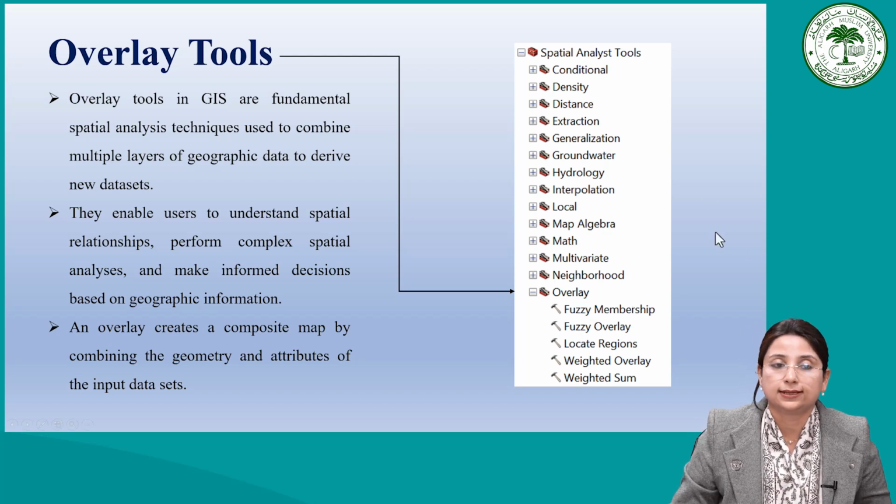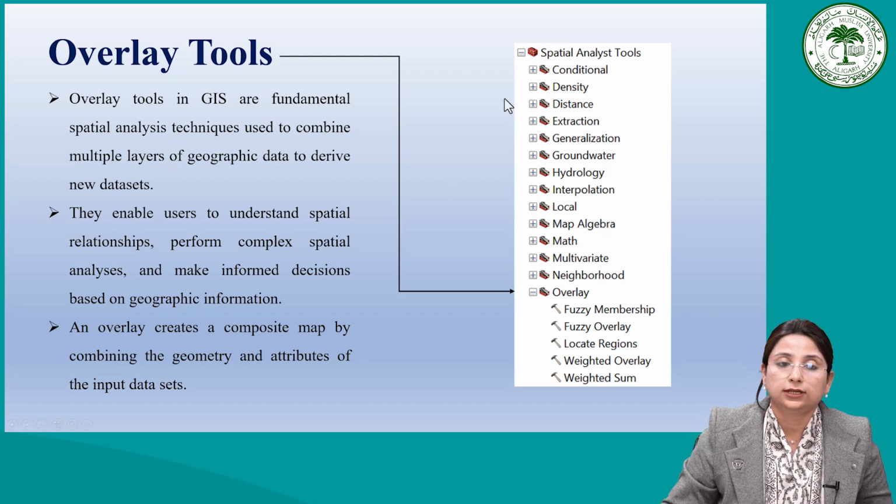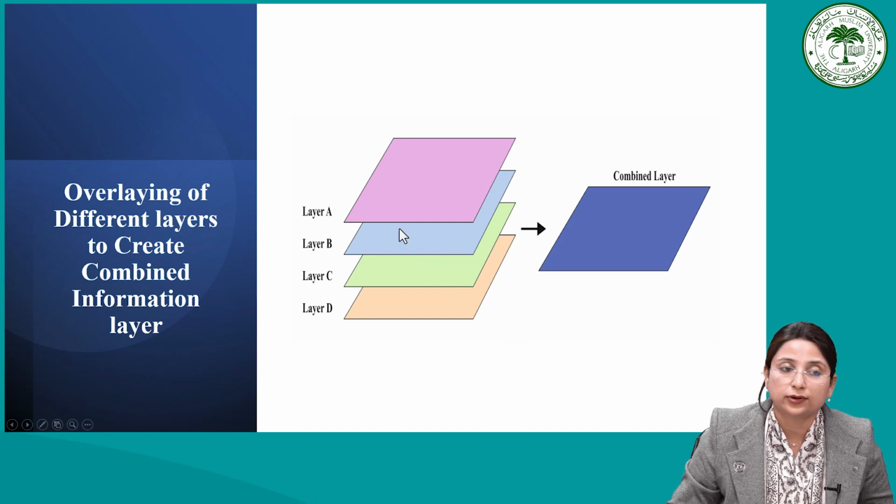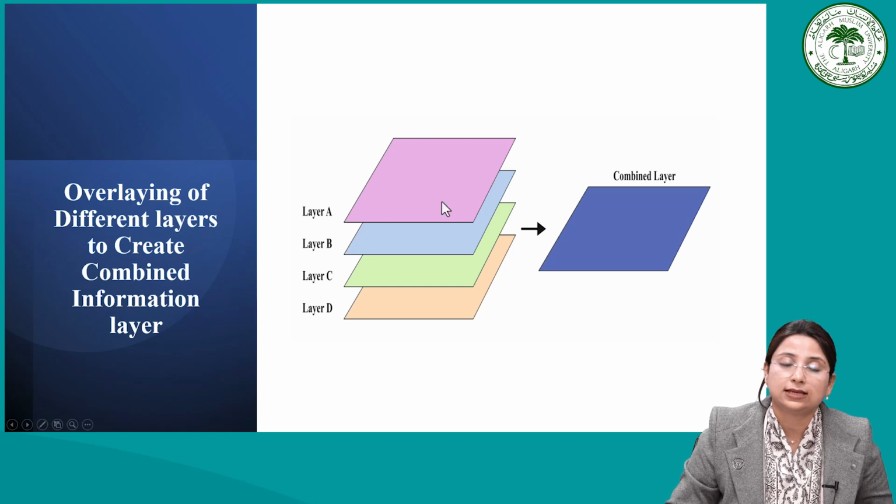So a new data set is created for further analysis. For example, we can say n number of layers. Here you can see we have taken 4 layers and combined all these layers. We have combined the geometry of these layers and all the attributes of these input layers, and finally we have received the combined layer for further analysis.